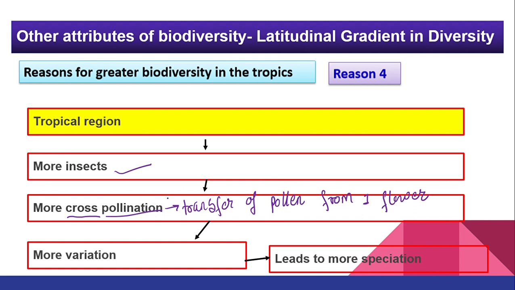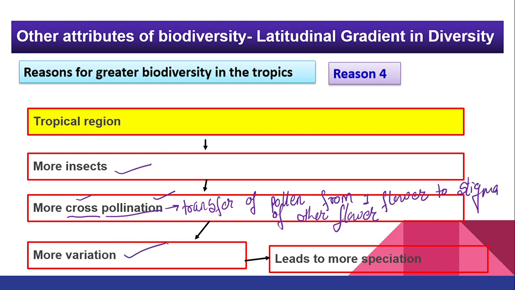Because I have written cross pollination. Otherwise, pollination is the transfer of pollen to the stigma. Transfer of pollen from one flower to the stigma of the same flower or another flower, we call pollination. Since I have written cross pollination, that means transfer of pollen from one flower to the stigma of another flower, we call cross pollination.